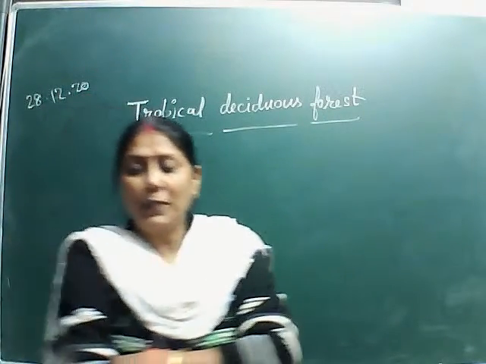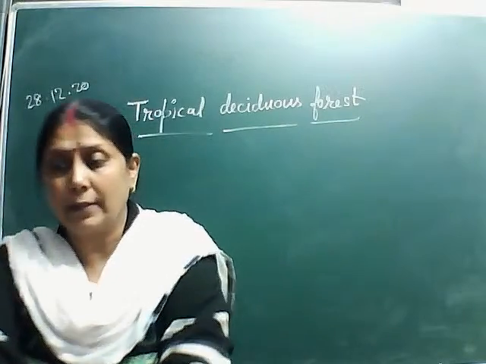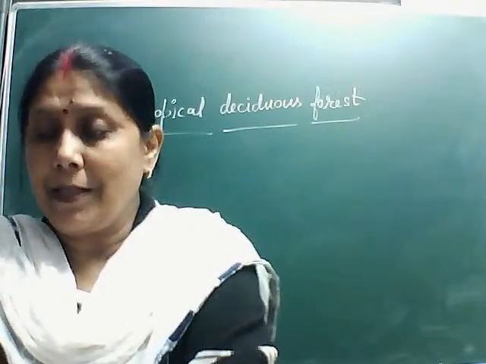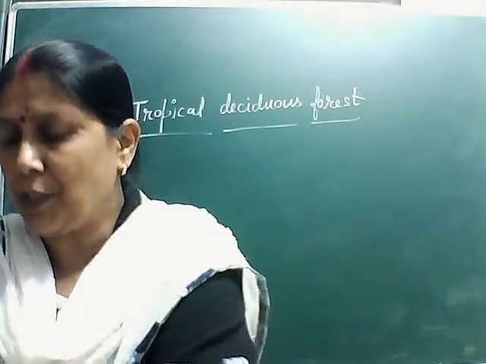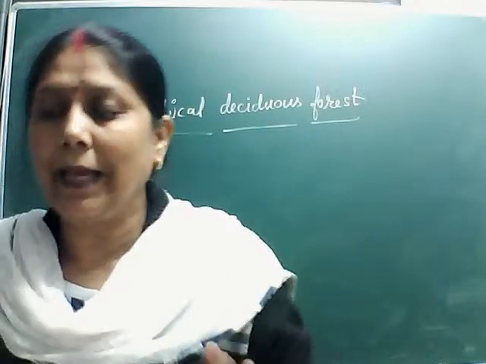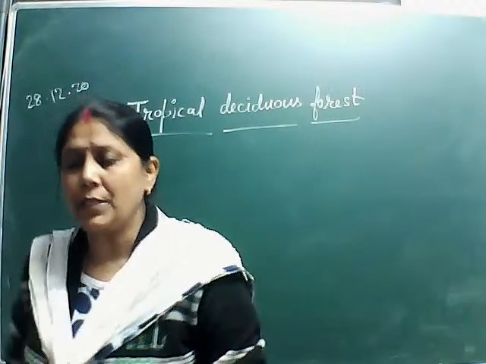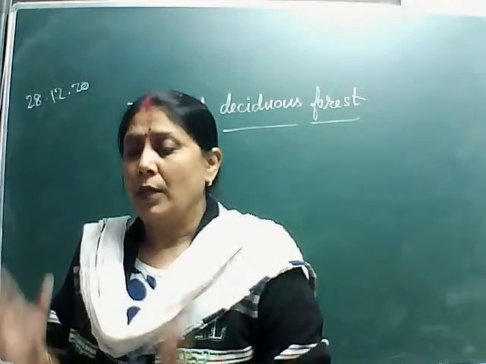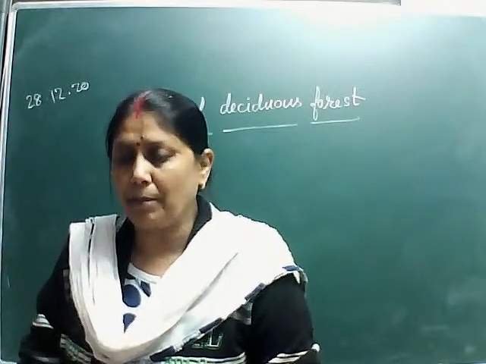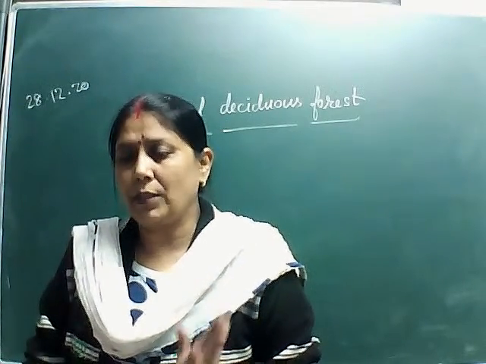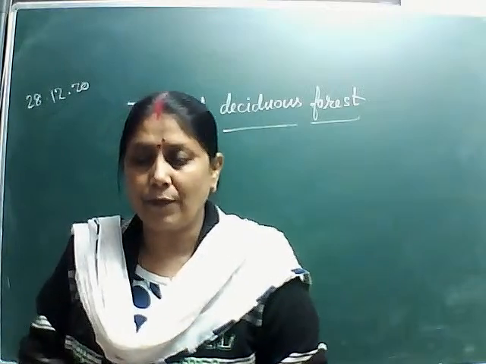So in the last period, we discussed our chapter, India: climate, vegetation and wildlife. One part, the climate part, we have already finished. Now we have started the vegetation part. So what is natural vegetation? There are different types of vegetation.